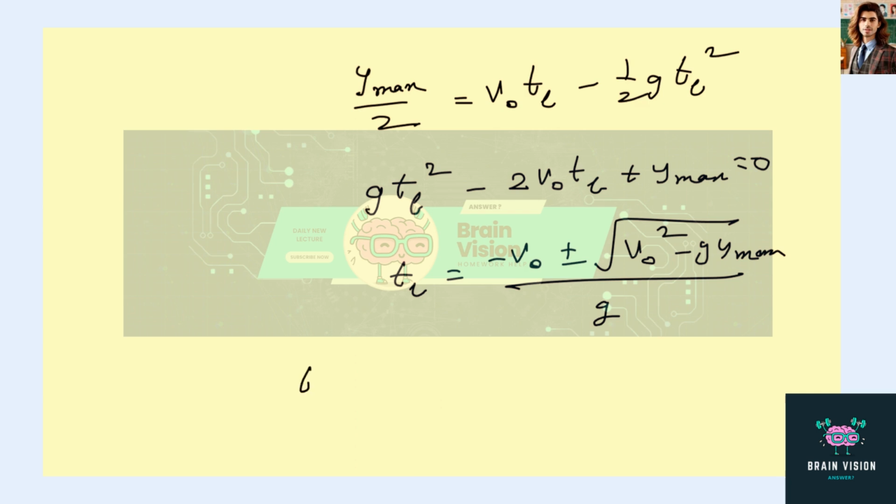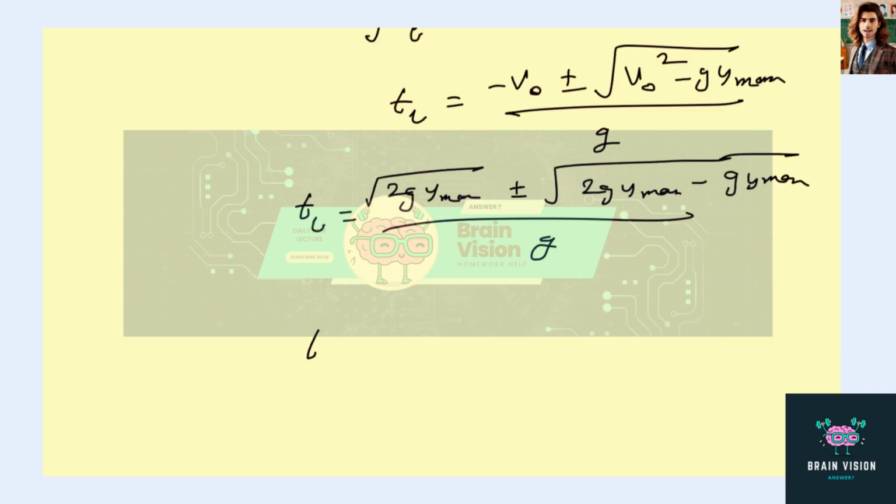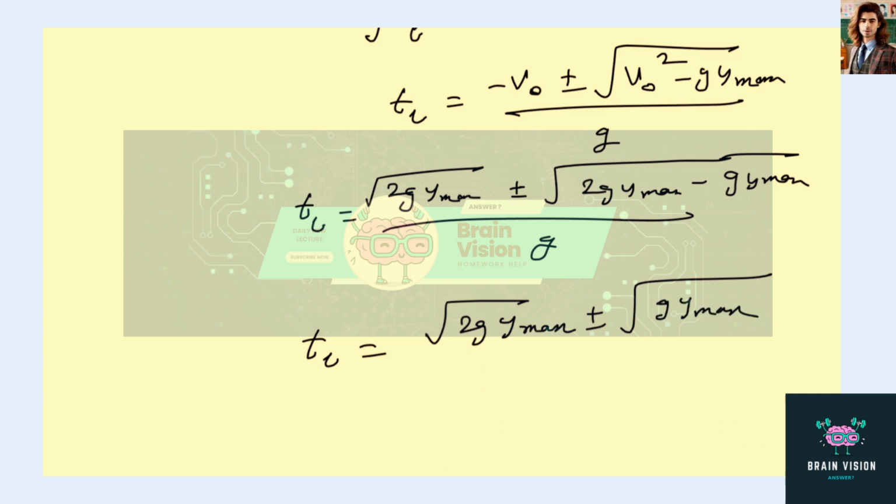You apply the expression: tb will be equal to root 2g y max plus minus root of v square, which is 2g y max, minus g y max, over g. And this will be tb equal to root 2g y max plus minus root of g y max, over g.